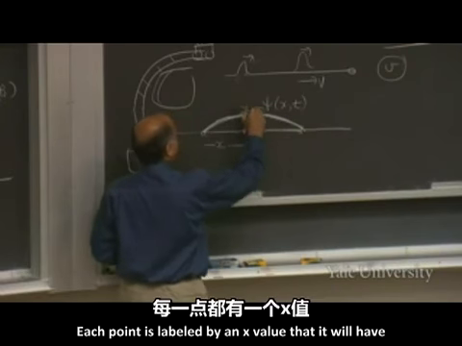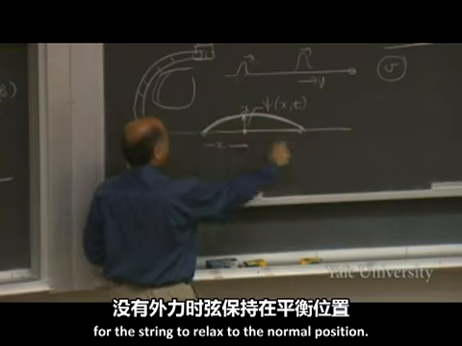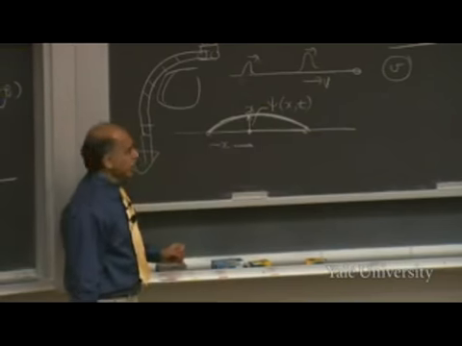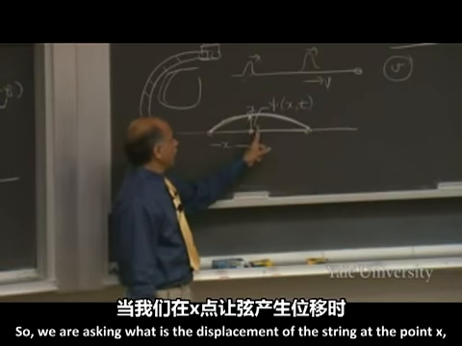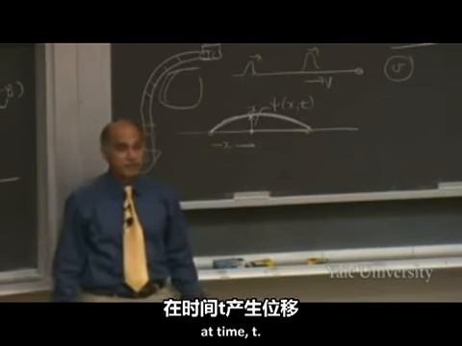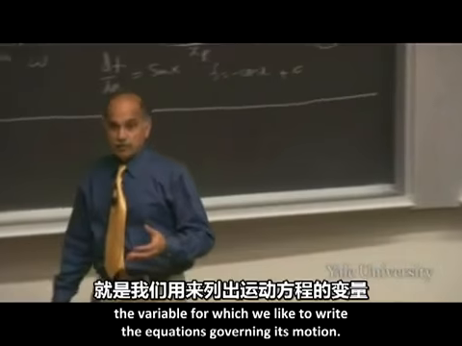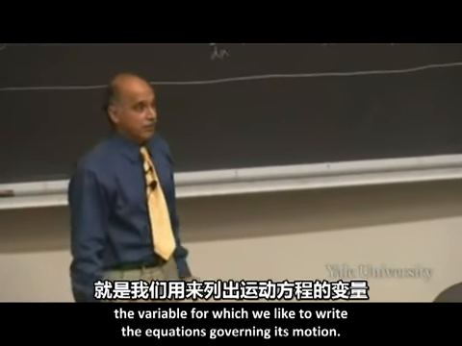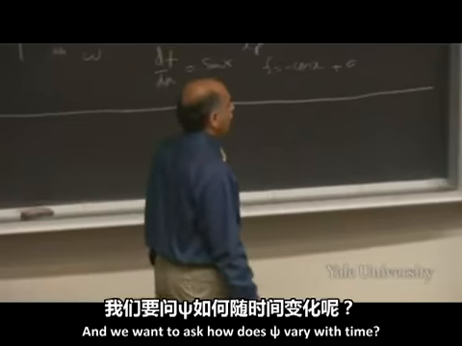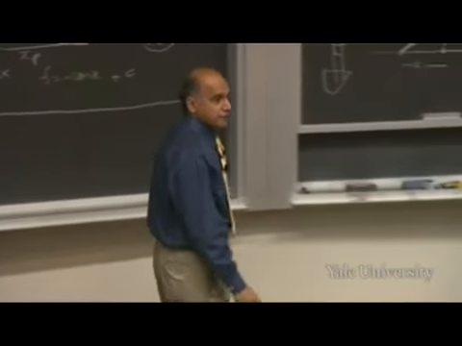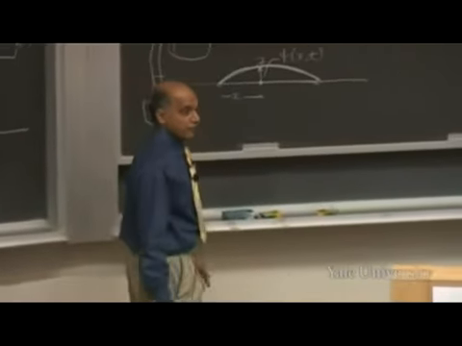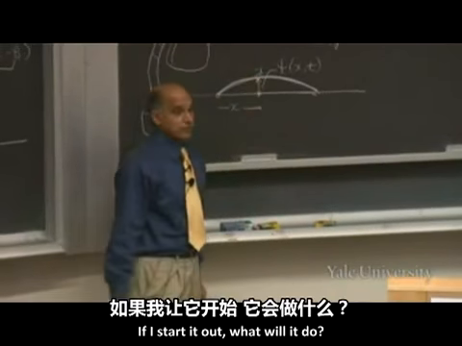Each point is labeled by an x value that it would have if the string relaxed to the normal position. So we are asking, what is the displacement of the string at the point x at time t? So psi is our new dynamical variable, namely the variable for which we'd like to write the equations governing its motion. And we want to ask, how does psi vary with time? What will it do?